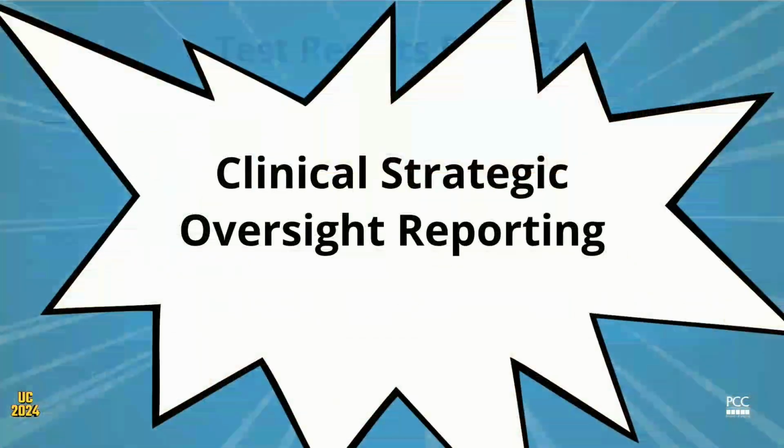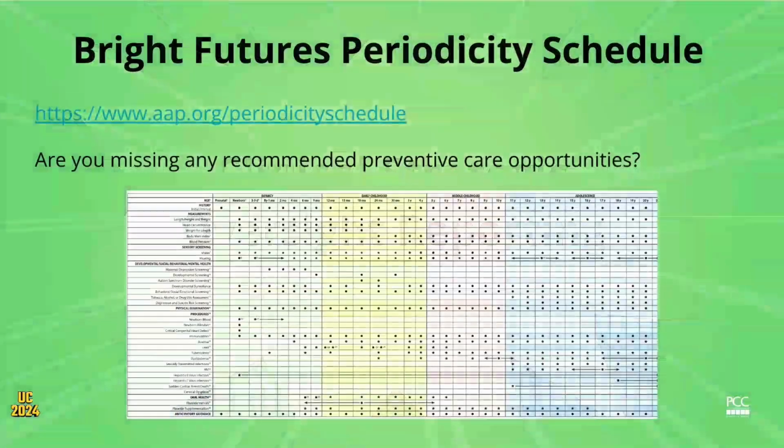All right, so we're going to move on from the sort of the operational reports and talk more about strategic oversight reporting. And this is where we're going to get into some measures and other information.